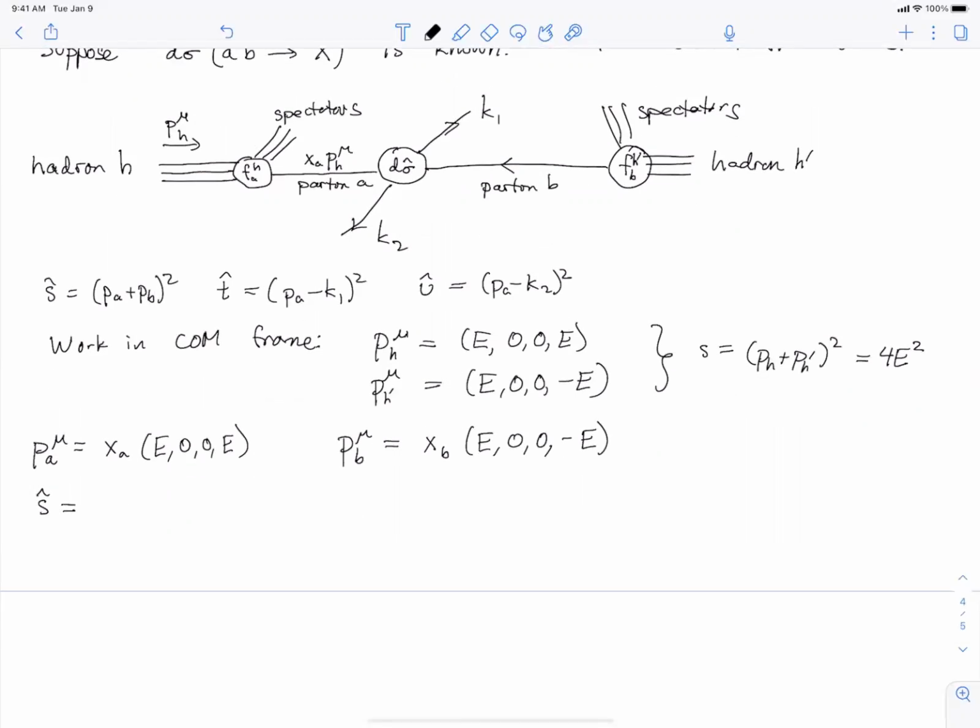S hat is, it turns out, (x_A plus x_B) squared E squared minus (x_A minus x_B) squared E squared. When you turn the crank, that's just 4 x_A x_B E squared. In other words, that's the total S times the product of the momentum fractions, x_A times x_B.